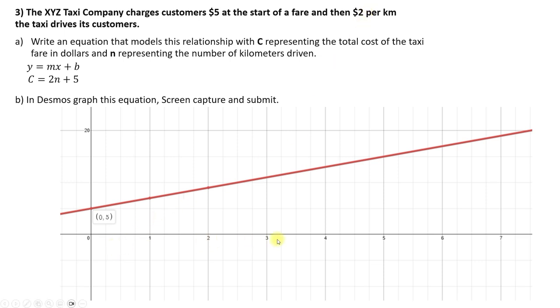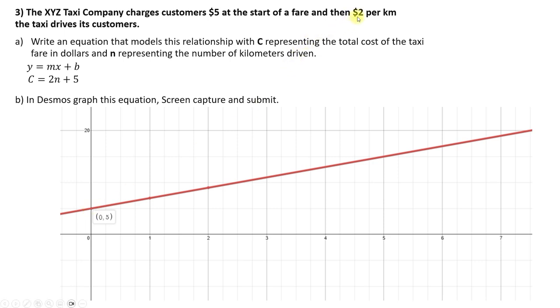So here along the x-axis, we have the kilometers, and here along the y-axis, we have the cost. So we can see right here that the initial cost is $5. And when you see something like a starting cost or a starting diameter, the starting cost where x is 0, that's going to be our b value, or y-intercept.